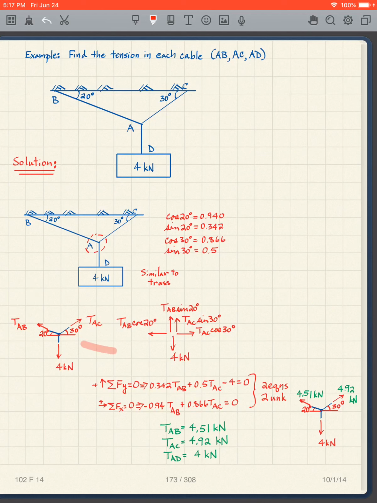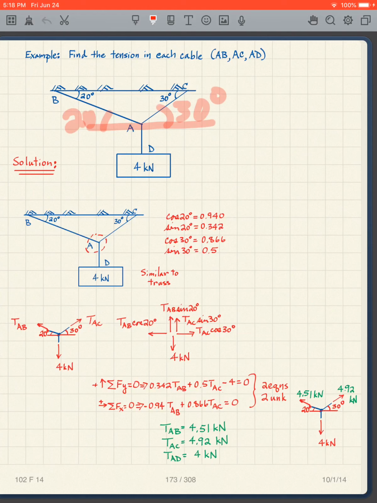We're going to convert it to this. Again, we have our angles with respect to the x-axis, the 30 and 20. Using simple geometry, we know that this angle is going to be 30 degrees, and that's going to be 20 degrees.